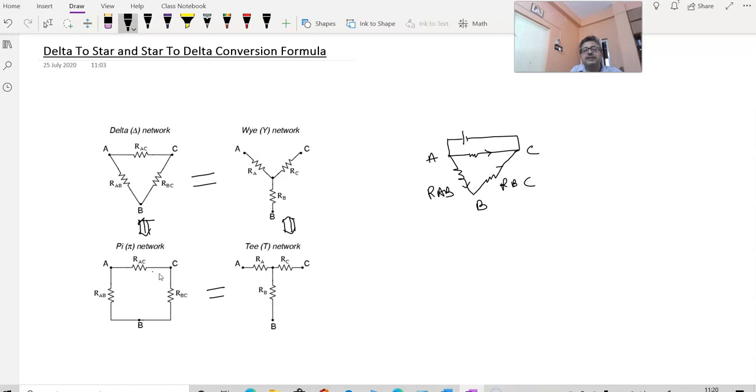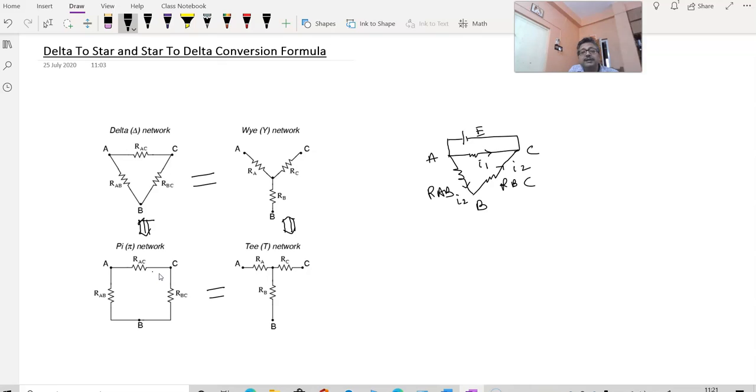This is one branch, this is one branch, and this is the other branch. Current through these two will be the same. This is I2, this is also I2, this thing is I1, this is E.